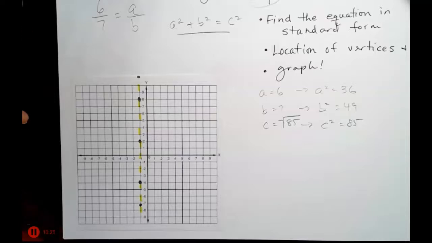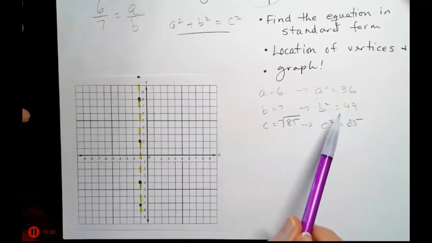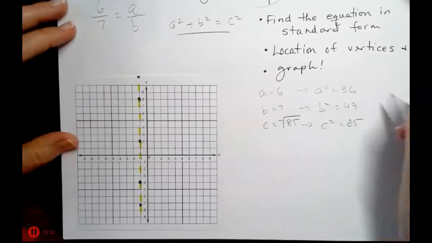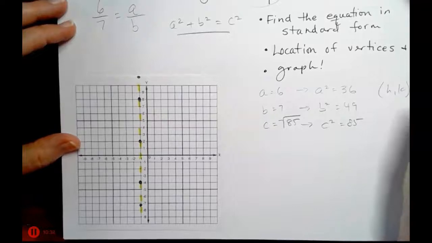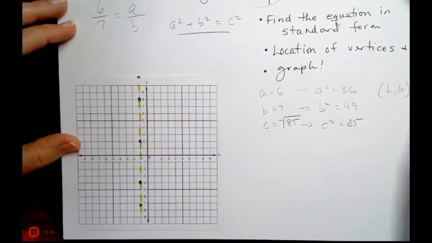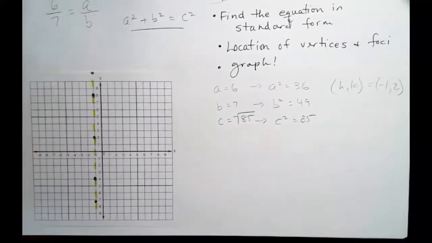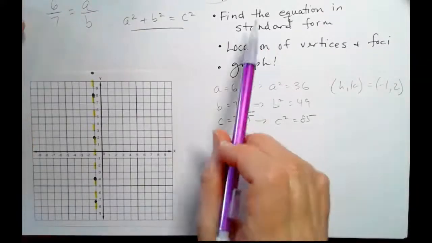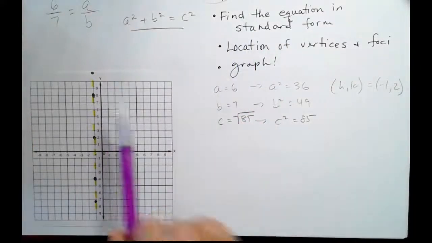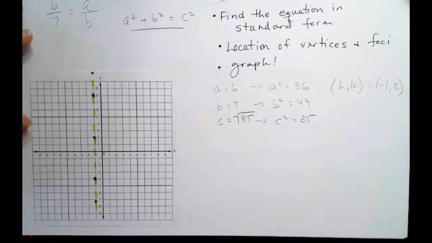Okay, so we know a squared, we know b squared, we know h, k. h, k was negative 1, 2. We actually have enough information to find the equation in standard form. So we can go ahead and answer that first bullet point.